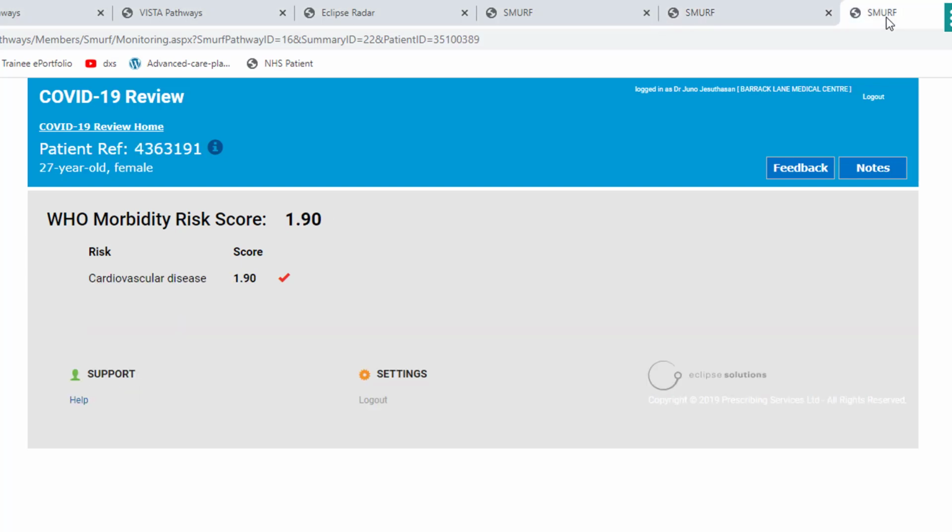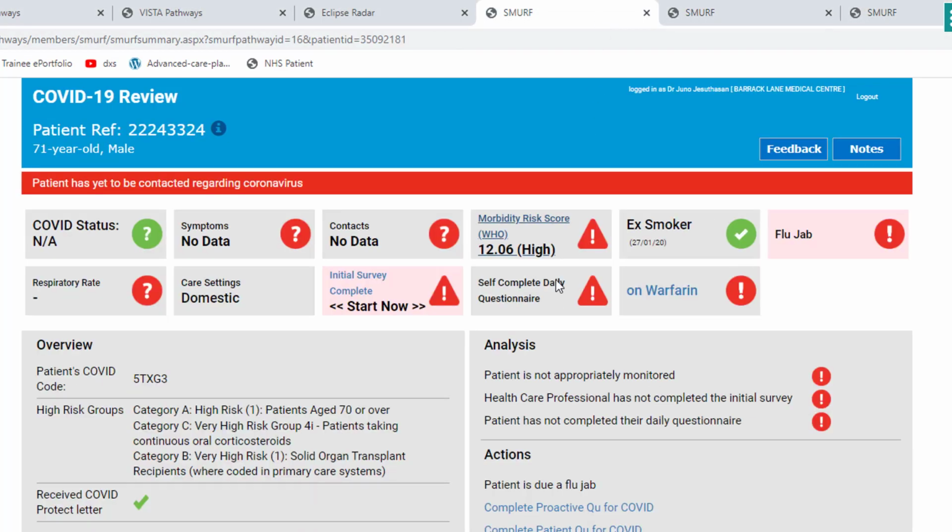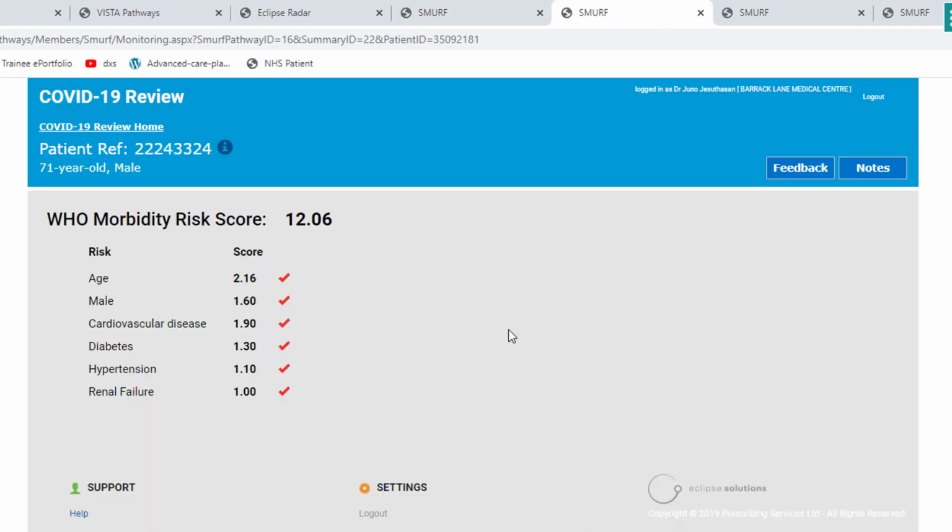On the other side of the Smurf reviews, a high WHO risk, and this patient should be shielding because of his comorbidities. Interestingly, the renal failure one, it's worthwhile checking what their EGFR is, because the lower the EGFR is, the more likely they are to be shielding. But as said previously, not every patient who has a high WHO score needs to be shielding.